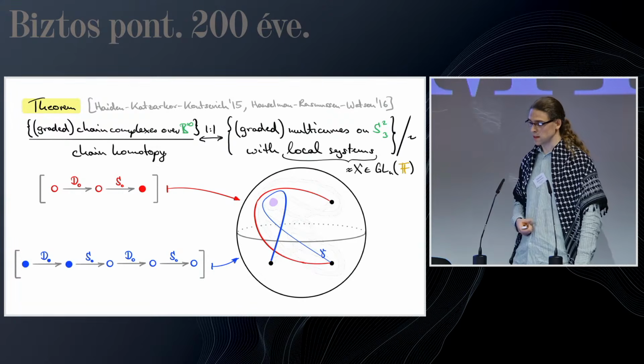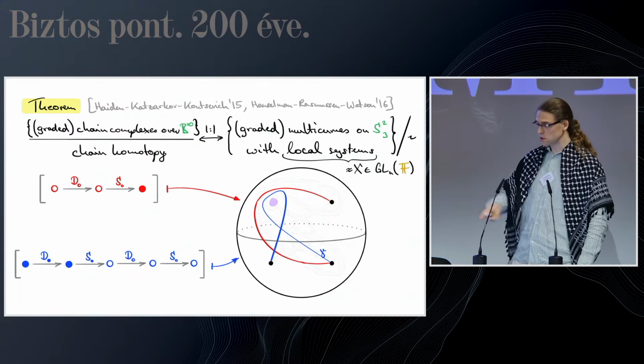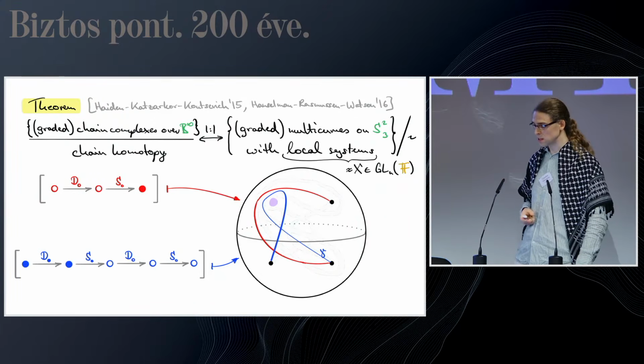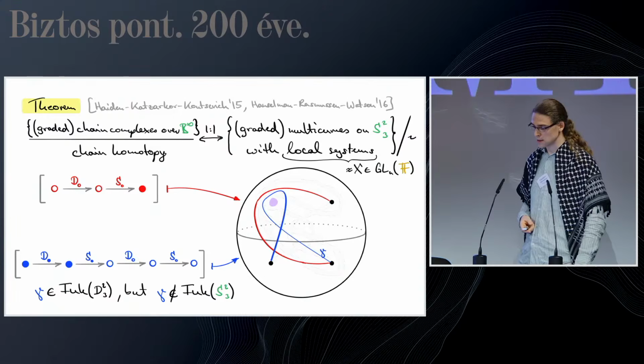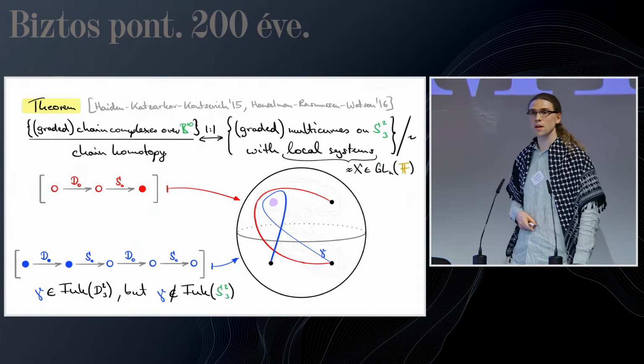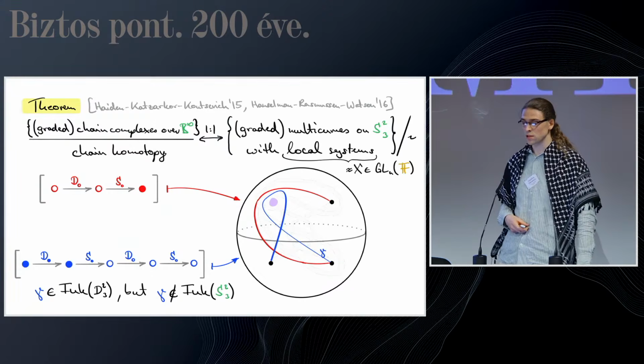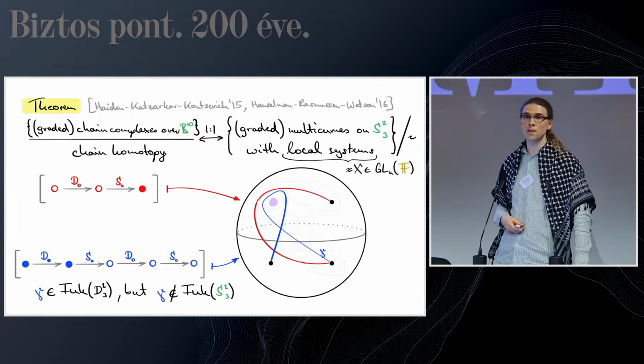Right, and on the right-hand side, I fill in this disk. And now it turns out this blue curve bounds one of those fishtails. It has one of these fishtails, and so this chain complex on the left-hand side is not a chain complex over this A-infinity algebra.